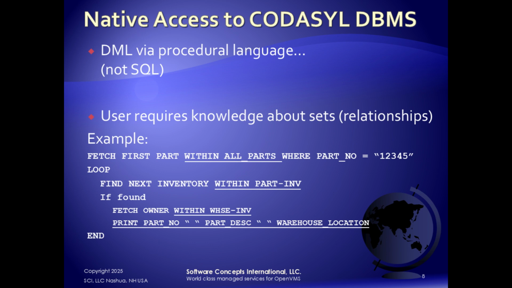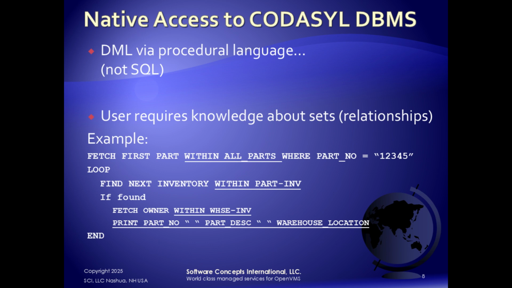Whereas if you're following a linked list, I know what the next one is, so I can get there, but I don't know what's out here. So there are lots of optimizations that you can't do in a CODASYL database.